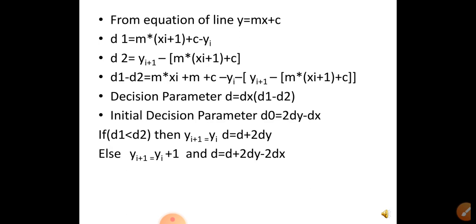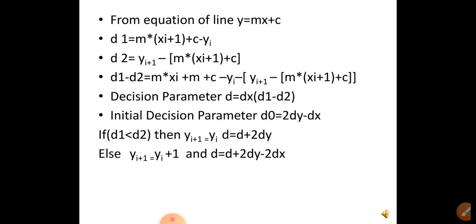But for the current step, we have the current x value and current y value, and from this position we also need to find the next x value and next y value. So if d is less than 0, next time the decision parameter value will be d equals d plus 2 dy.